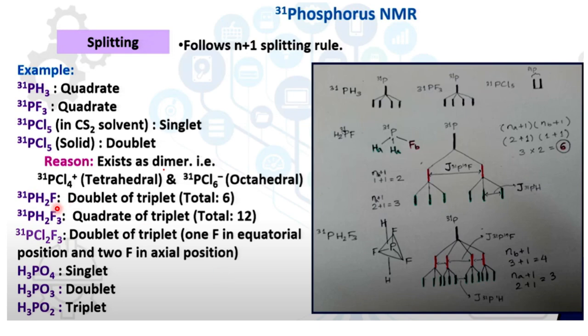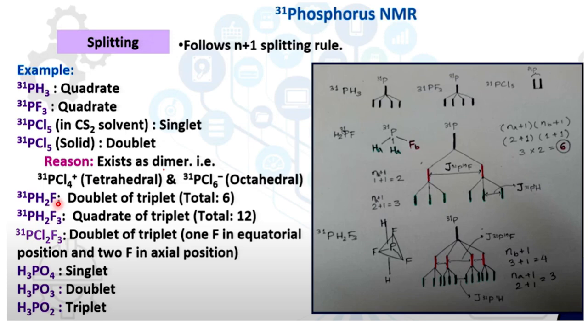Now in the case of PH2F or PH2F3, PH2F is a doublet of triplet. Why? Because of one F, first P will be a doublet, and then since there are also two hydrogens, that single doublet will be split again into a triplet because of 2 plus 1. So in the first step, it is split by n plus 1, that is 1 plus 1, 2, a doublet, because of the fluorine.